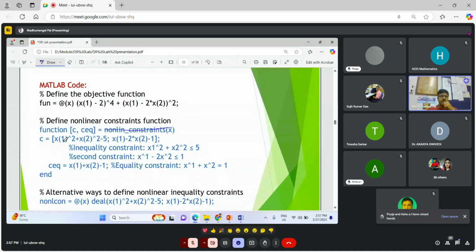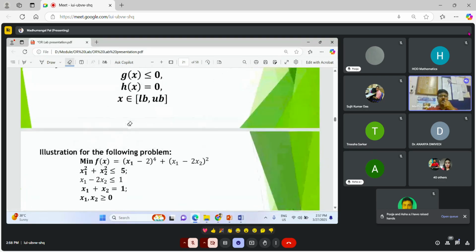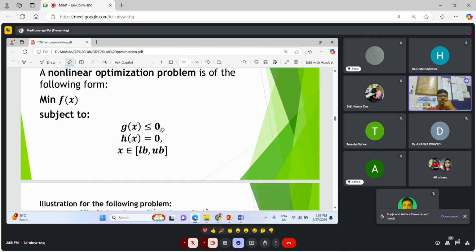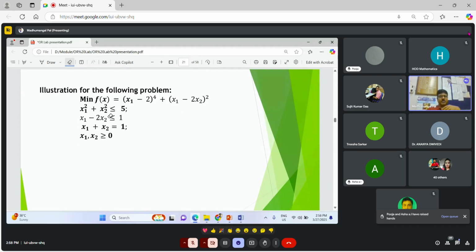See that this is the first constraint: x1 square plus x2 square minus 5. So what is the minus 5? Minus 5 is coming in the left hand side, because in the first constraint the right hand side 5 is there. But in our general formula, the right hand side of all constraints should be 0. So for this reason, we have shifted the 5 to the left hand side as a minus 5, and the right hand side becomes 0.